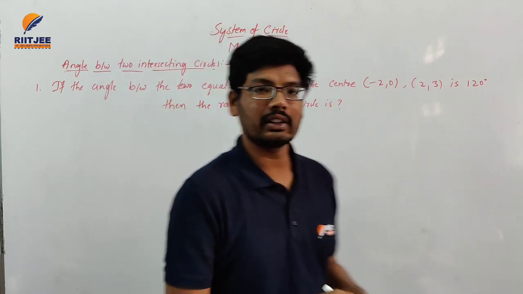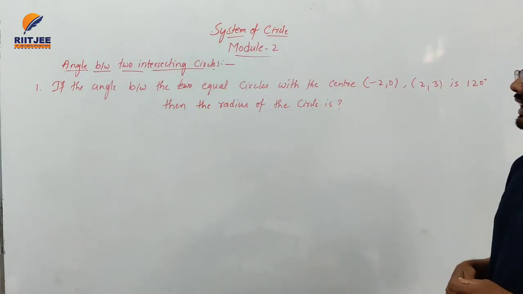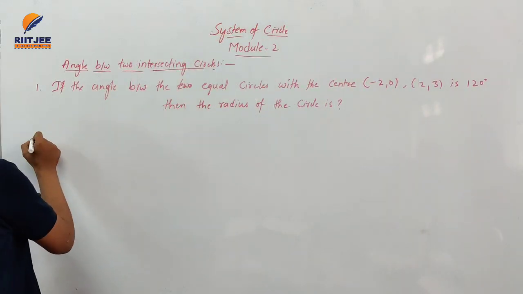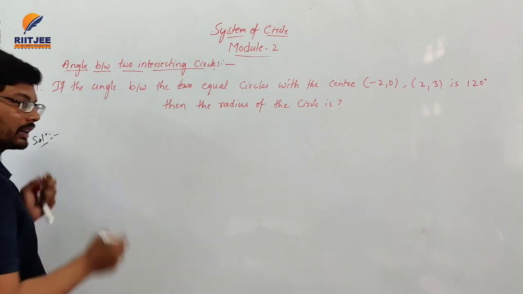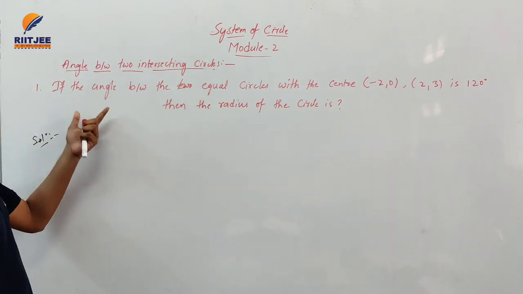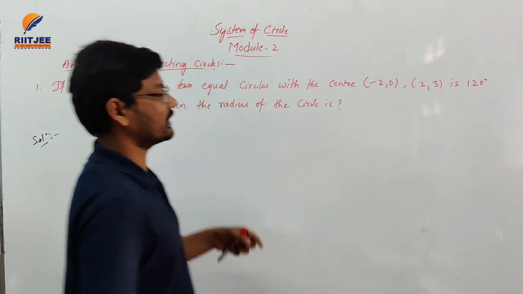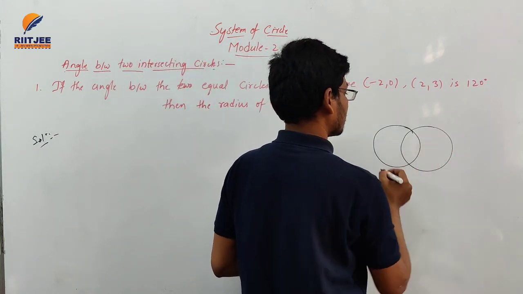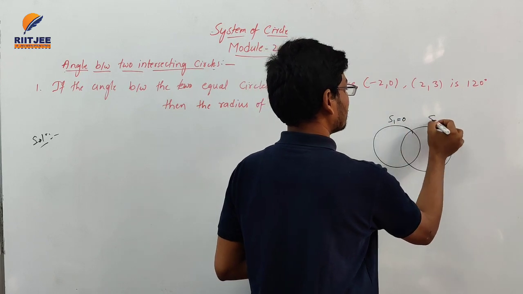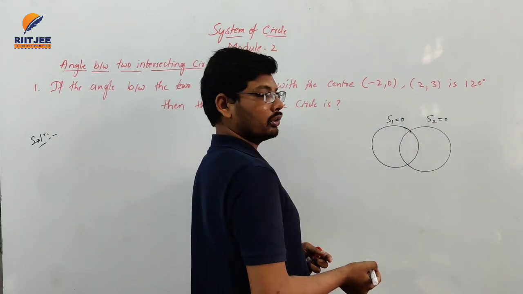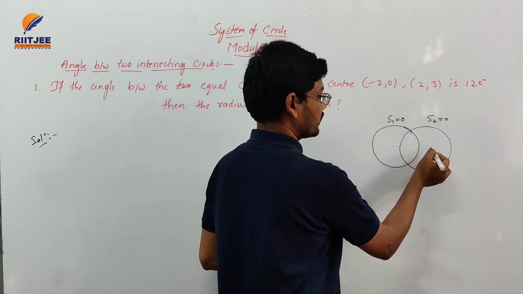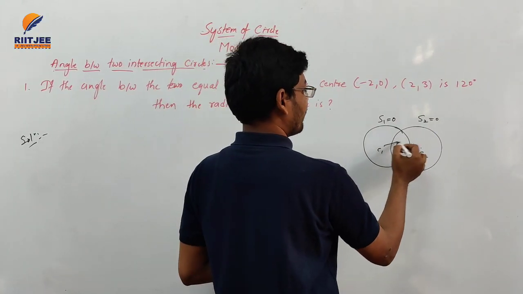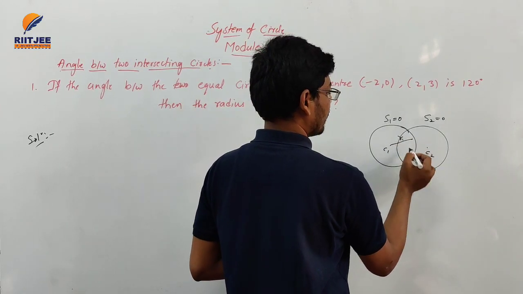First, understand what is given and what is being asked. I am not giving any options, I am explaining the direct solution. I take two equal circles, S1 equals 0 and S2 equals 0, with centers C1 and C2 and radii R1 and R2.